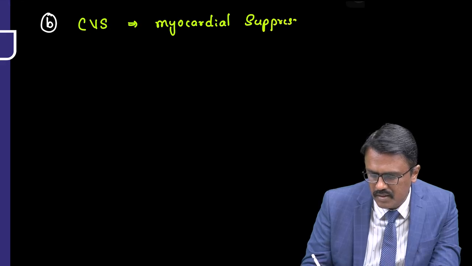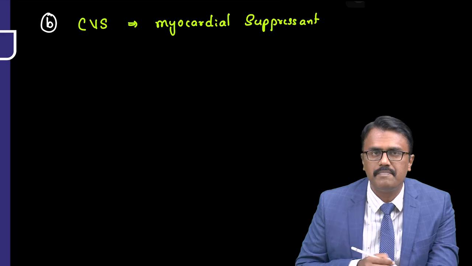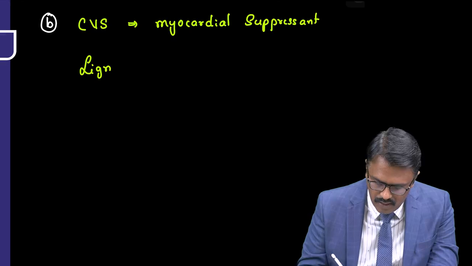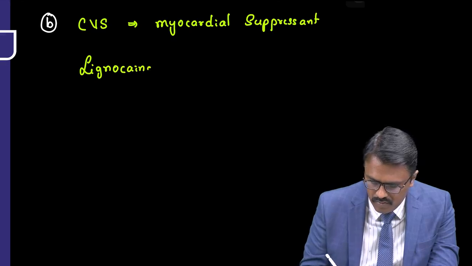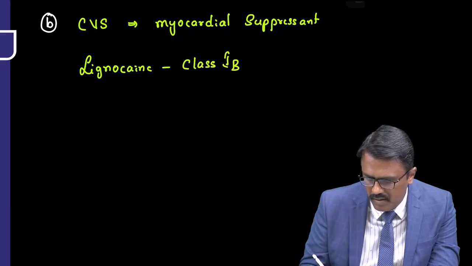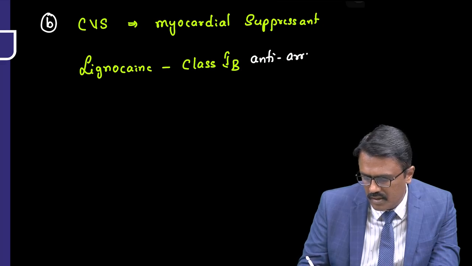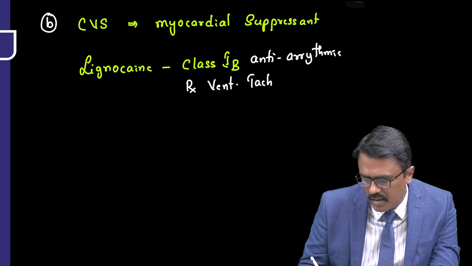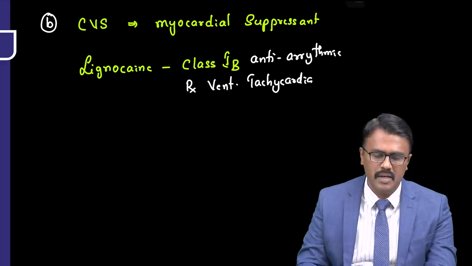They depress the heart. Now if you remember, we have discussed lignocaine, and lignocaine belongs to class 1B antiarrhythmic. So where do we use it? We use it to treat ventricular tachycardia. That is lignocaine for you.